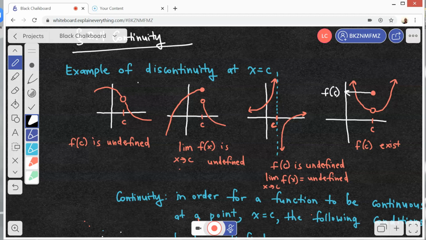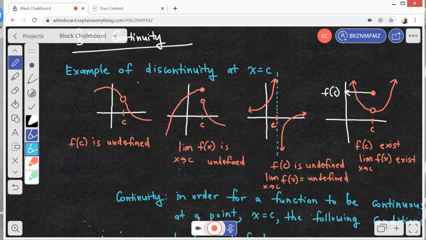So f of c does exist. However, the limit also exists. Even though there's an open circle, from the left side and right side, we're going to the same y value. I'll show you that in a moment, but we're going to say the limit as x approaches c of that function f of x also exists. That's nice. So the value at c exists, the limit exists.